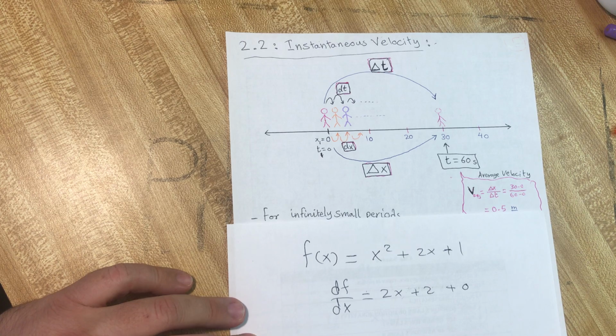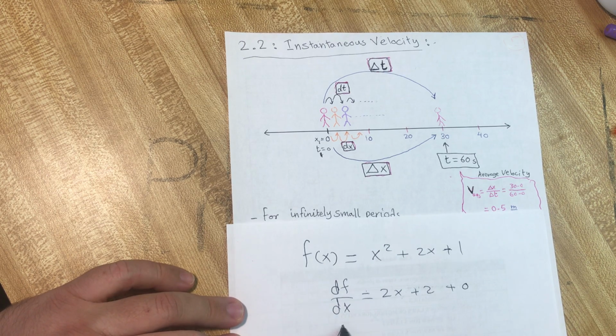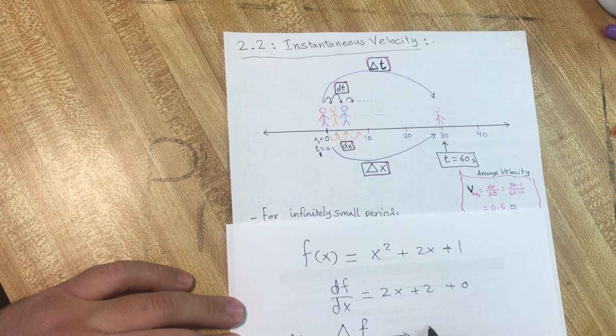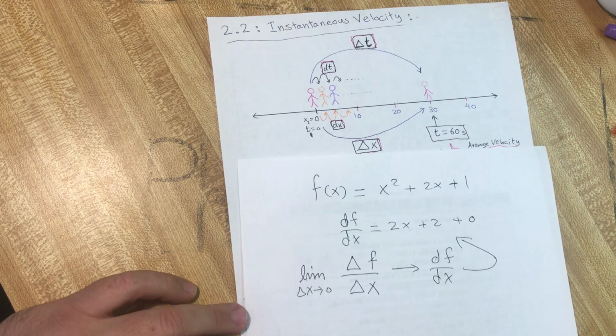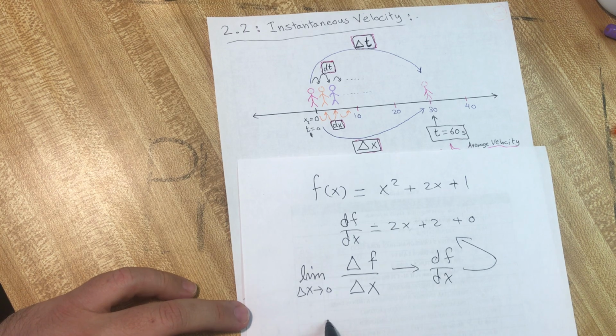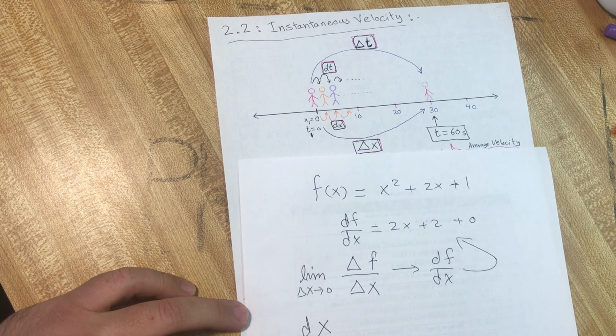If you remember, it is the same delta f over delta x. We need to take the limit when delta x goes to 0. This will give us df by dx, which is the first derivative. Now we see that the first derivative of x with respect to t is the instantaneous velocity.